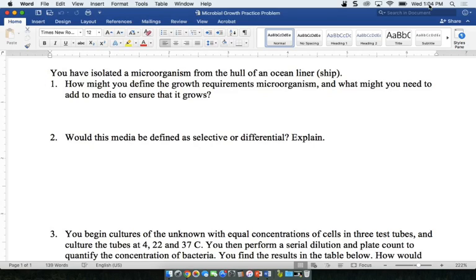So this one would be a selective media. What would it select against? What wouldn't be able to grow in media containing 3% salt, which is roughly the percentage of salt in ocean water?